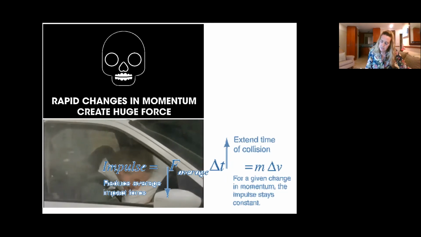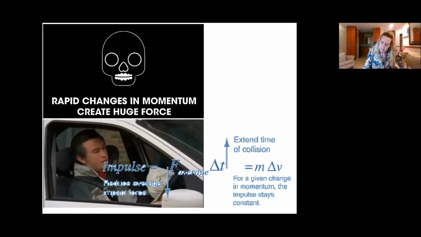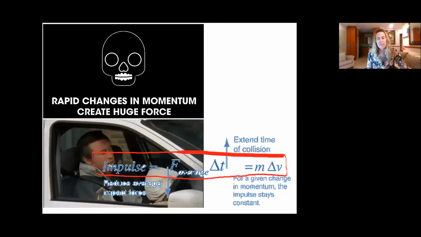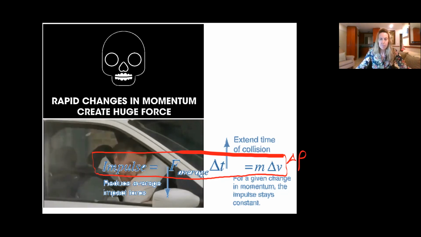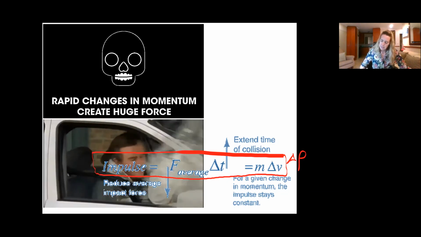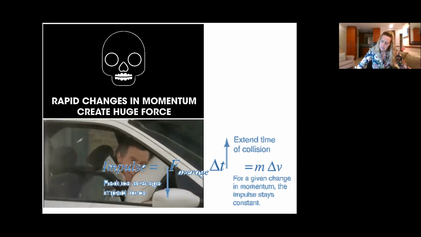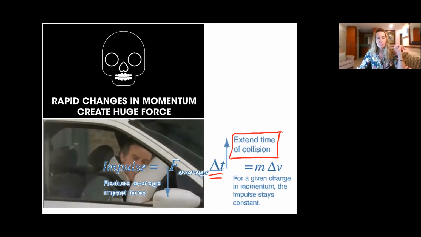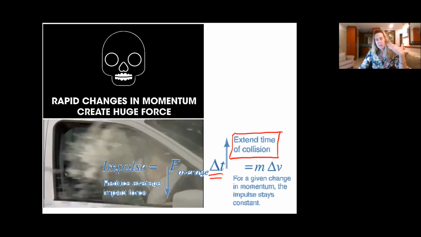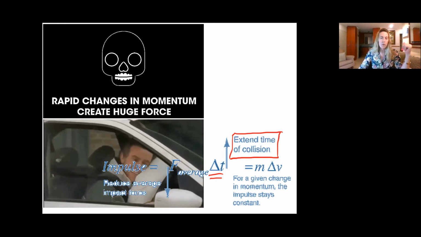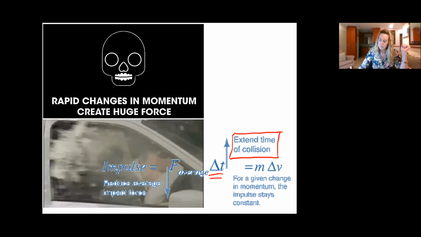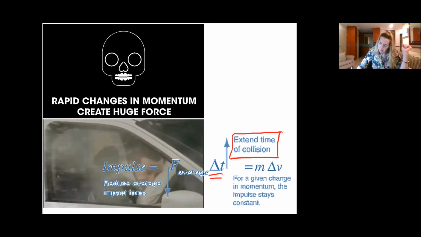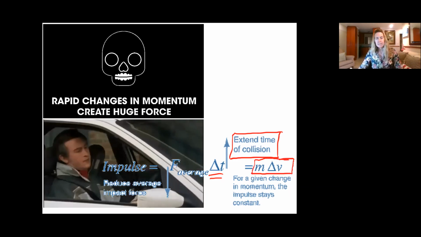So according to the impulse momentum formula, impulse, as we know, is F net delta t, which is equal to m delta v, the change in momentum. If you just extend that collision time by some factor, you make that collision time maybe 5 to 10 times longer than it would be without an airbag, as we've seen up here, for a given change in momentum, which is constant.